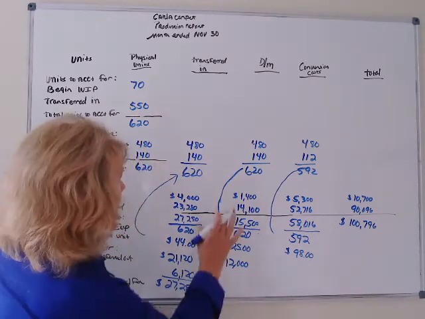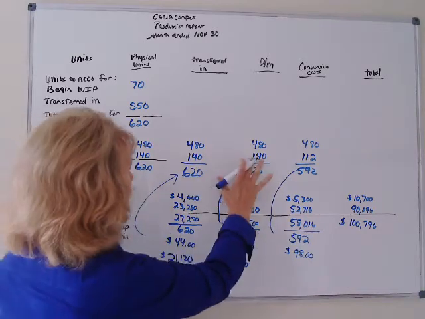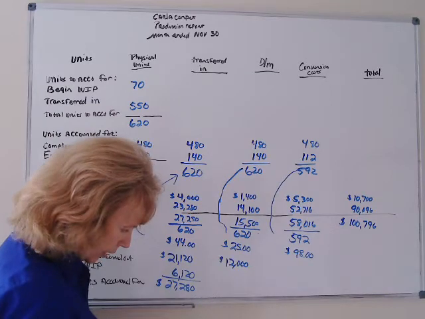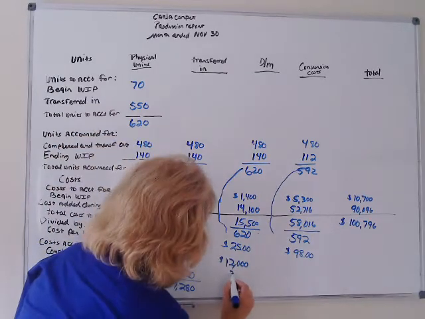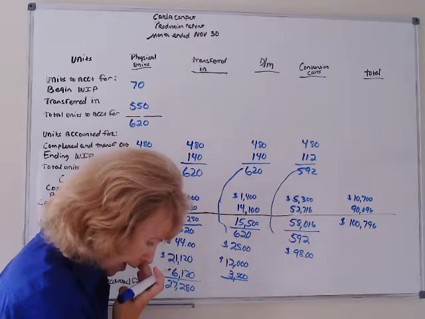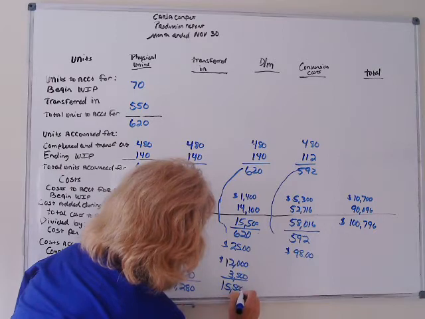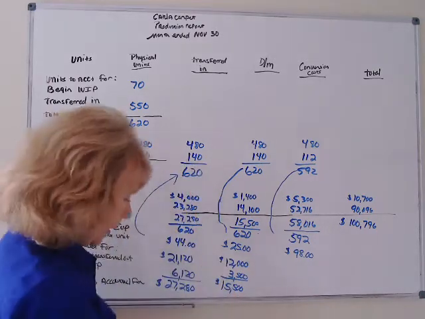Next, I'm going to take my ending work in process, which is 140. I multiply it by the $25, and that gives me 3,500. I total that up, and that gives me 15,500, my total costs for direct materials.